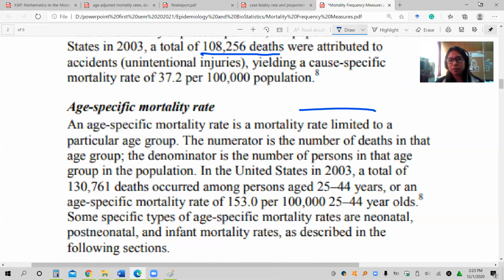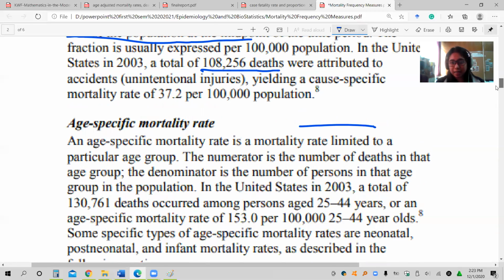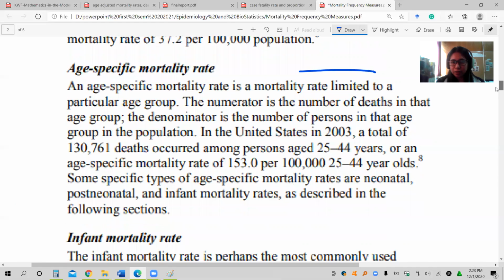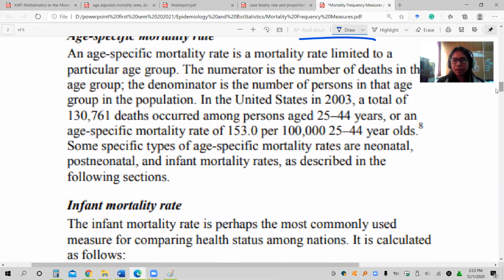So for age-specific mortality rate, we will not use the denominator that we use for crude and cause-specific mortality. The population is only the population in that age group. So in the given example, we have 130,761 deaths among persons with age 25 to 44 years old.